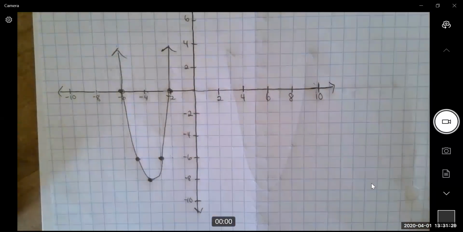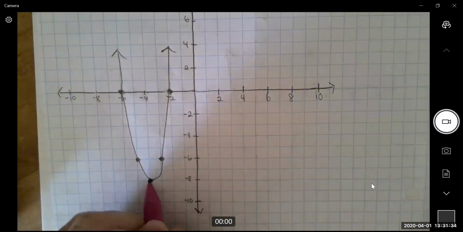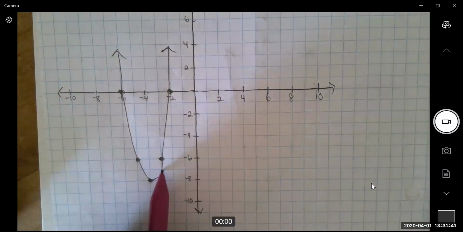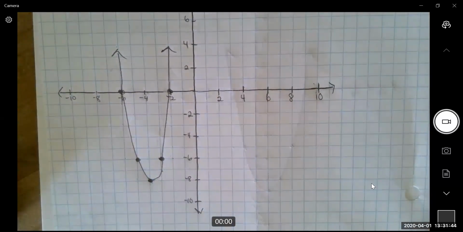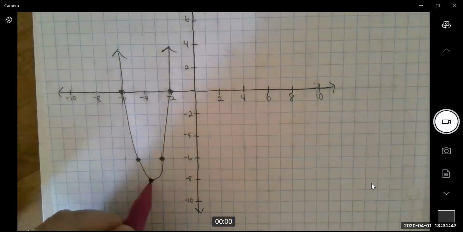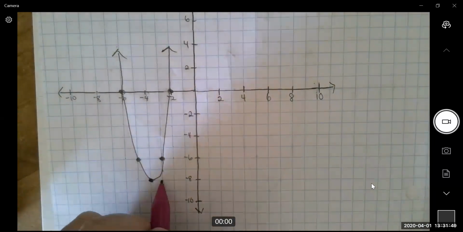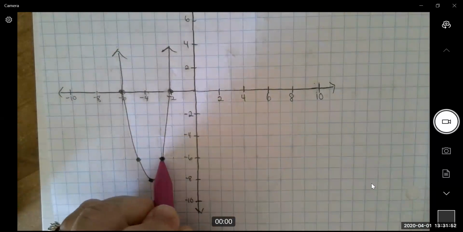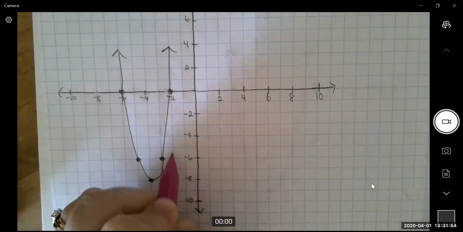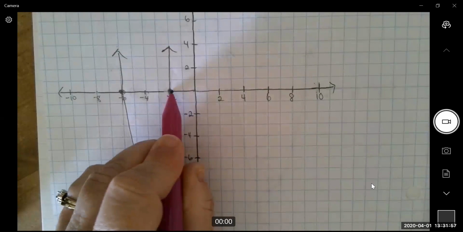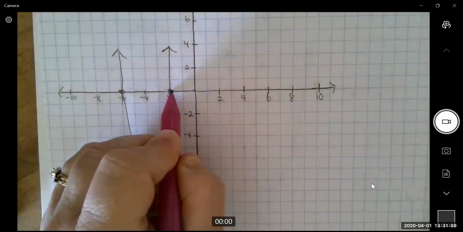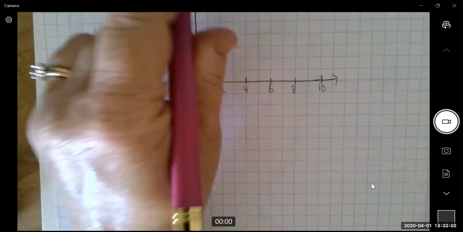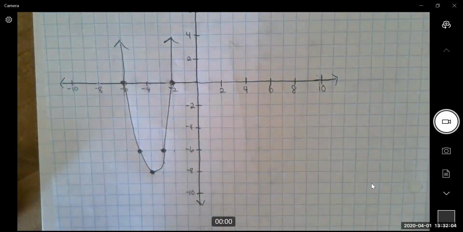Again, we're going to use the 1-3-5 rule. If I were to go over 1 and up 1, I should be here. So what that tells me is I'm not landing here, which means I have an A that's not 1. So I'm going over 1, but I'm going up 2. Then over 1 and up 1, 2, 3, 4, 5, 6. And then I'd be going over 1 and up 10 if we were to continue the graph.